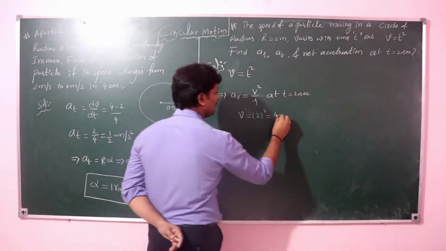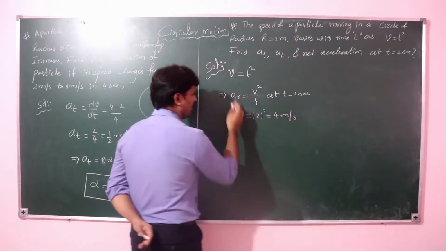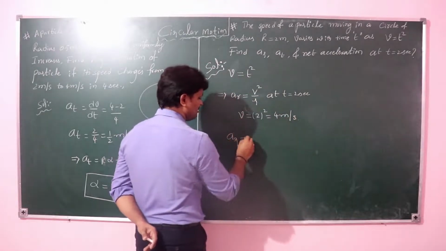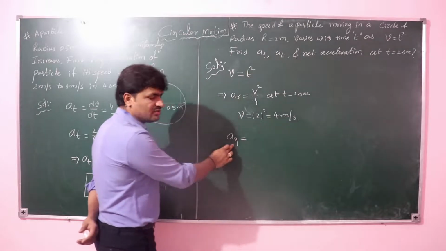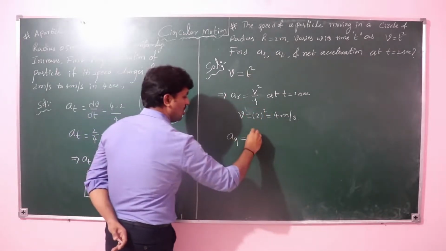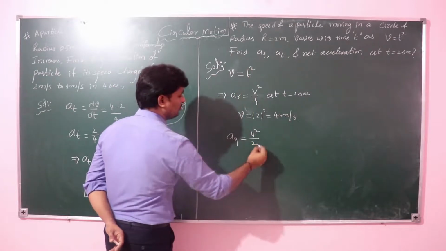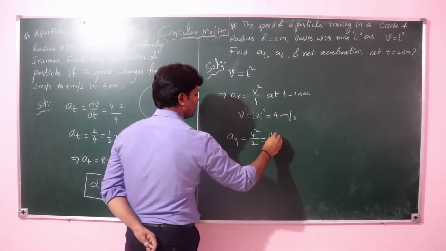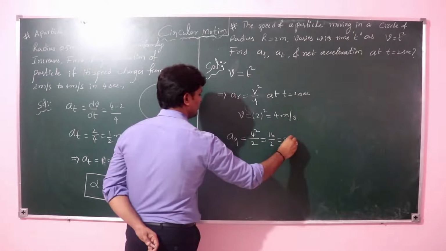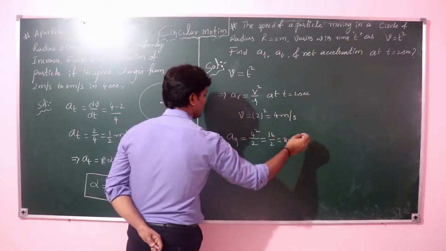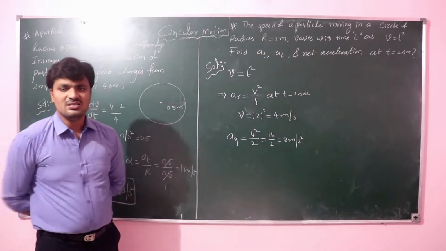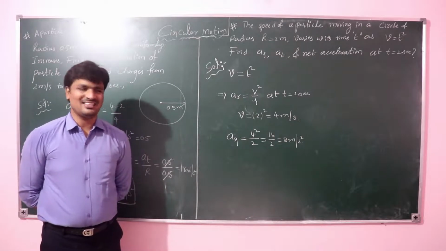V is equal to 4 meter per second. Now the radial acceleration AR is equal to 4 square upon r, which is 2. 4 square is 16, divided by 2, that is 8 meter per second square. That is the radial acceleration.